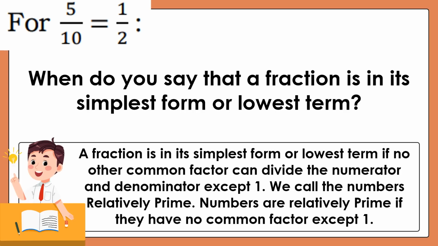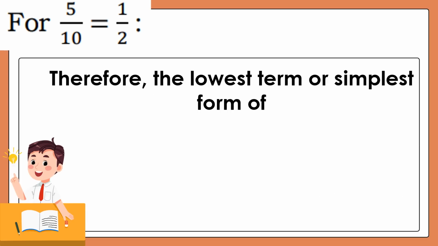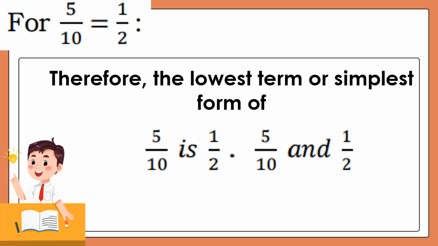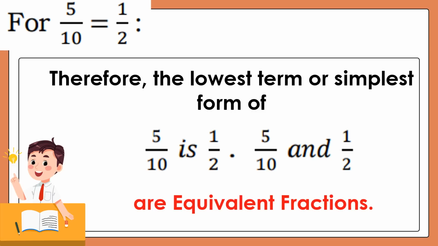We call the numbers relatively prime. Numbers are relatively prime if they have no common factor except 1. Therefore, the lowest term or simplest form of 5/10 is 1/2. 5/10 and 1/2 are equivalent fractions.